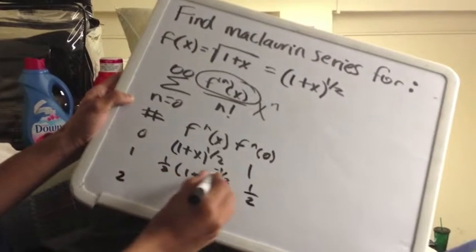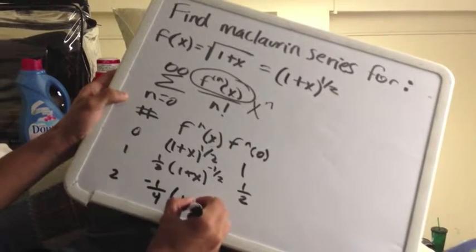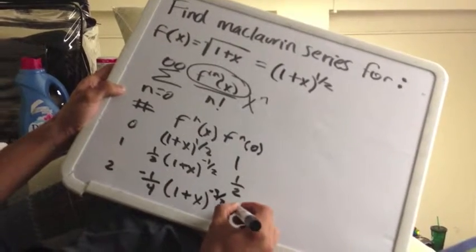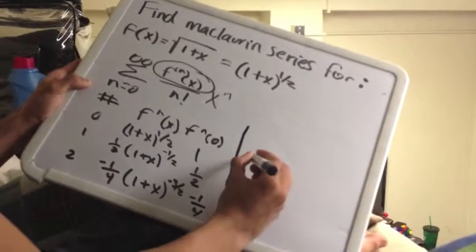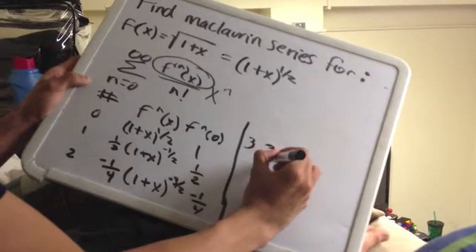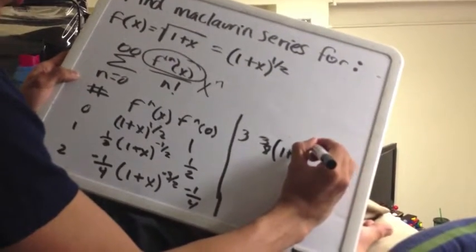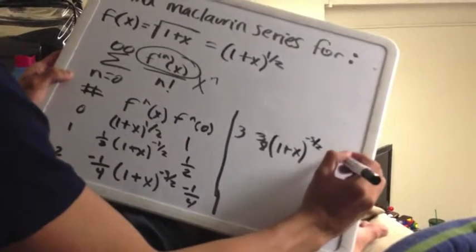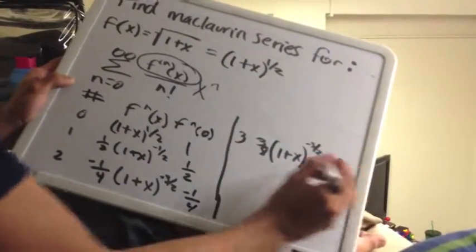Our second term, differentiating again, negative 1/4 (1 plus x) to the negative 3/2. Plug in 0 and you get negative 1/4. I'm going to move over here to get our third term: 3/8 (1 plus x) to the negative 5/2, and when we plug in 0, we get 3/8.